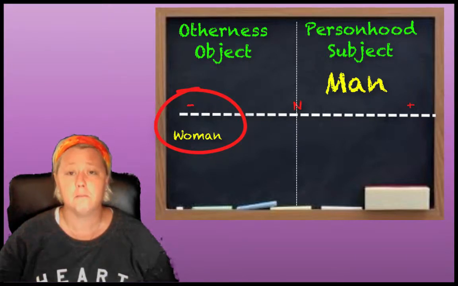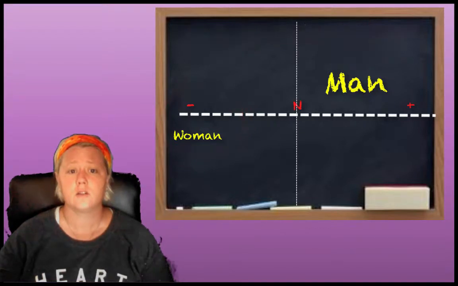This is what Beauvoir is getting at when she says we have to change our understanding of social ontology. If we don't look at our social ontology, at the way in which we understand our very being as women, then we can't see the problem because that's where the problem lies.